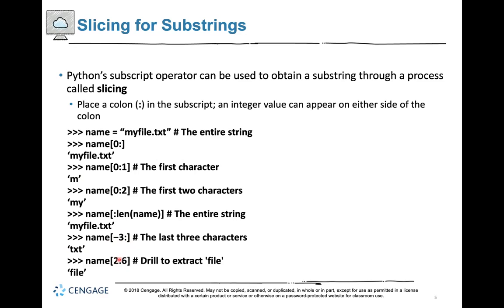And of course, you can get a piece of a string in the middle, let's say from 2 to 6. We have 4 characters, so stop minus start gives you 4. It starts at 2, not including 6. So you have 2, 3, 4, 5, the characters corresponding to those indices.